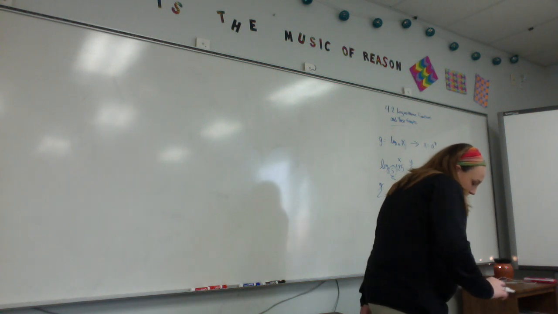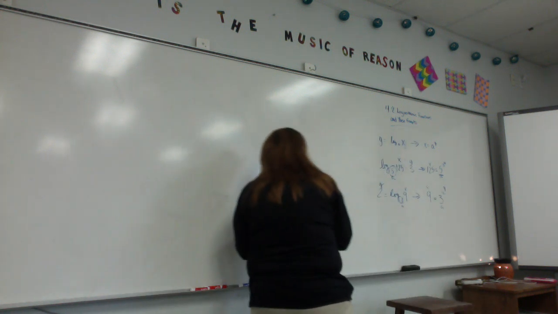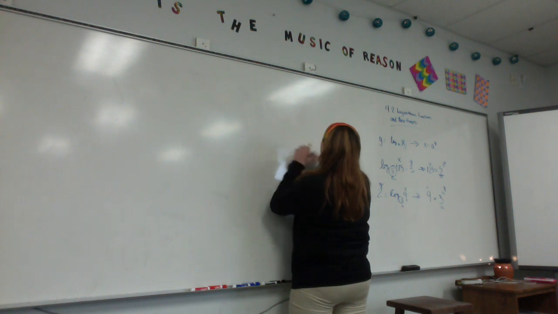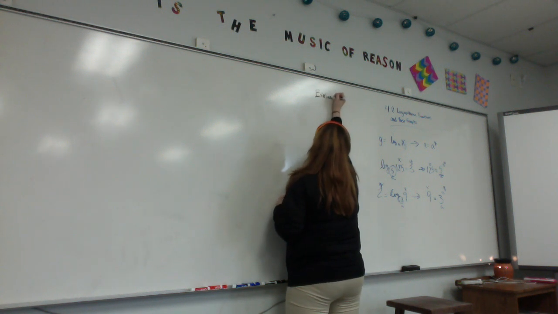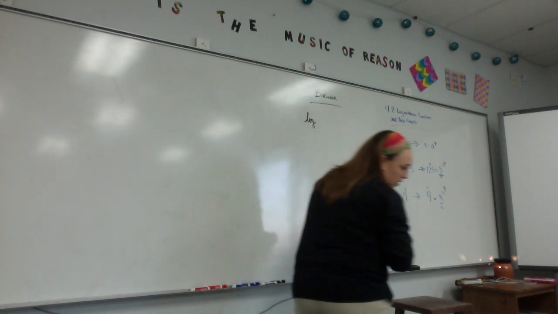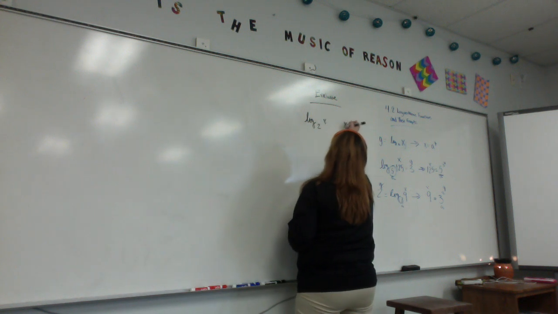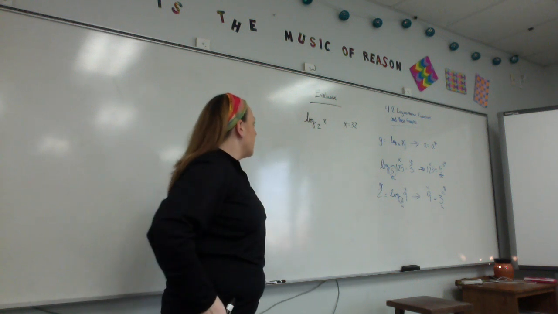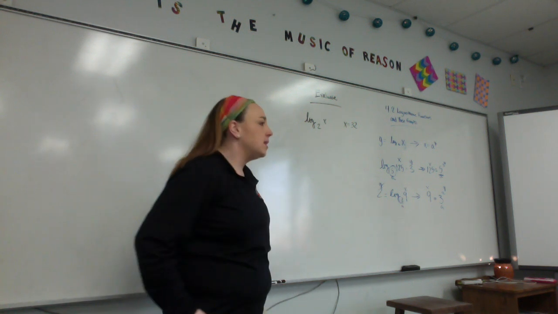If it says evaluate each problem, and it gives you log base 2 of x equals 32, then I need to set that up so that I can solve. What am I missing in this equation?